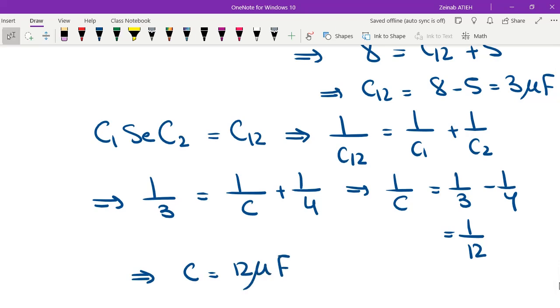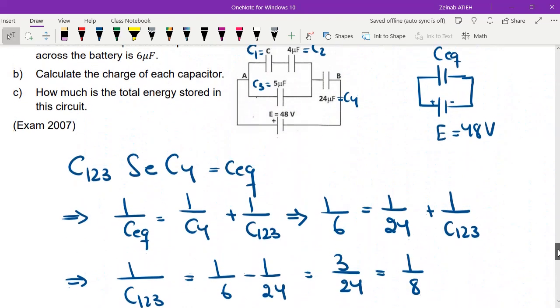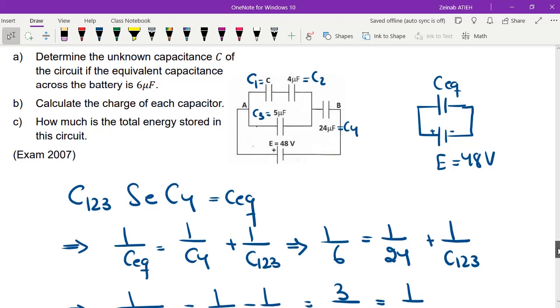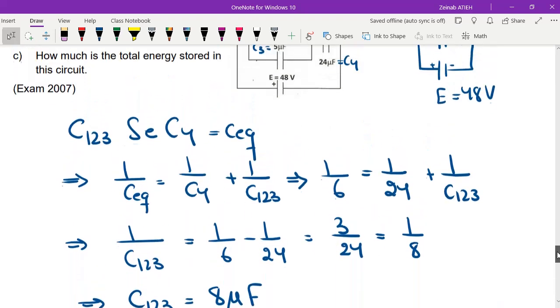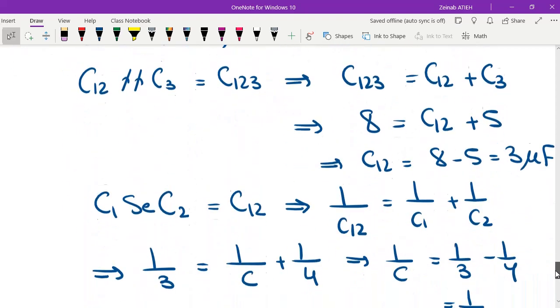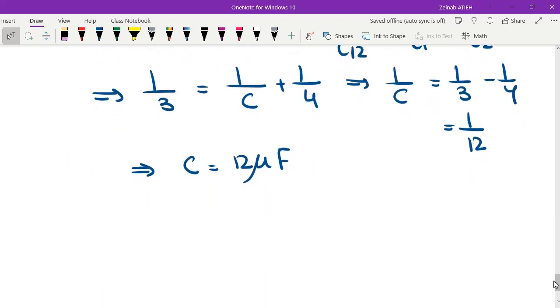And this way I have found the unknown capacitance. Let's do part B. Part B says calculate the charge of each capacitor. I have to find Q1, Q2, Q3 and Q4. So as I taught you, we always start from the equivalent and go back. The equivalent capacitor is connected across a battery of electromotive force 48.